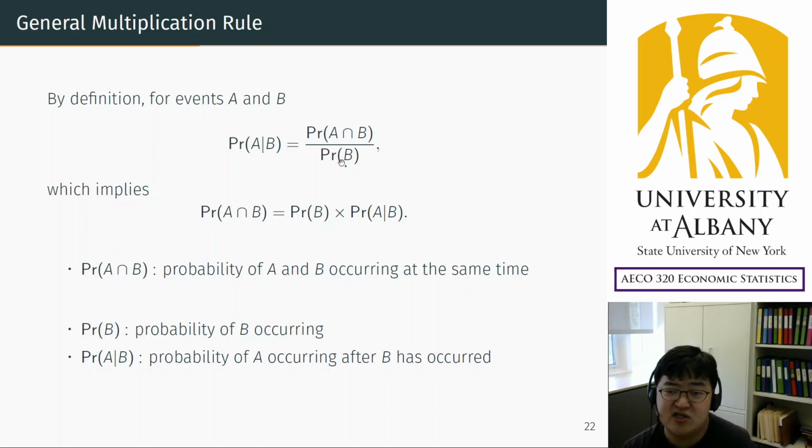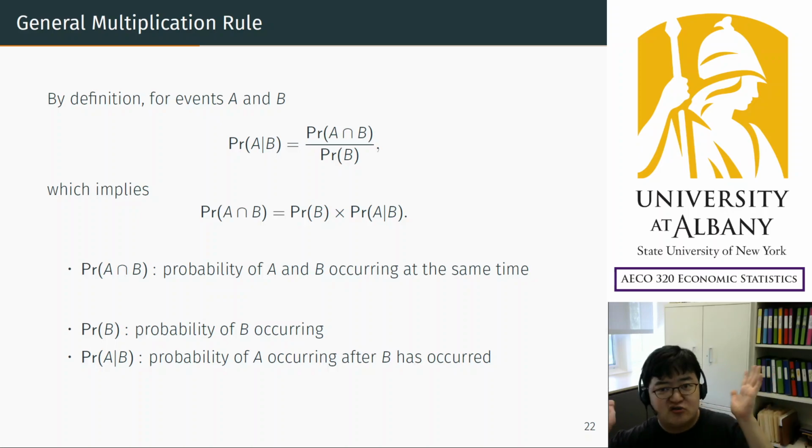So simply by rearranging the denominator, move this term to the other side by multiplying, then you can isolate the probability of the intersection between A and B. So the probability of intersection can be written as probability B times probability A given B. And then we can also interpret this in this way. The left-hand side, probability A cap B, is the probability that A and B happen at the same time. So it's like a simultaneous happening.